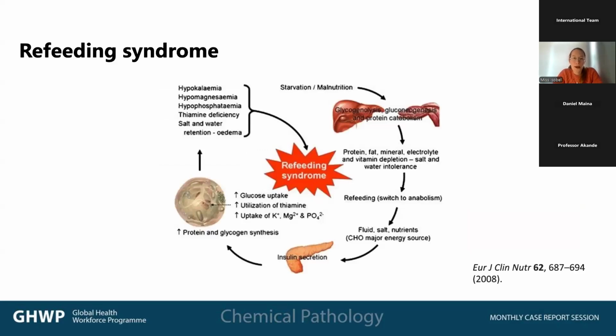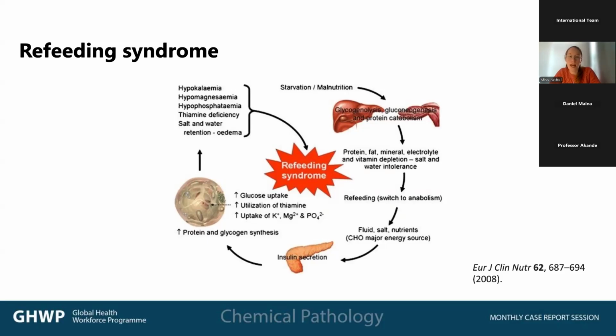So when a patient has had malnutrition or starvation for a long period of time, the metabolism switches to catabolism. So the patient is breaking down proteins. There's glycogenolysis, there's gluconeogenesis. And this means that the protein, fat, mineral, electrolytes and vitamins are depleted within the body.